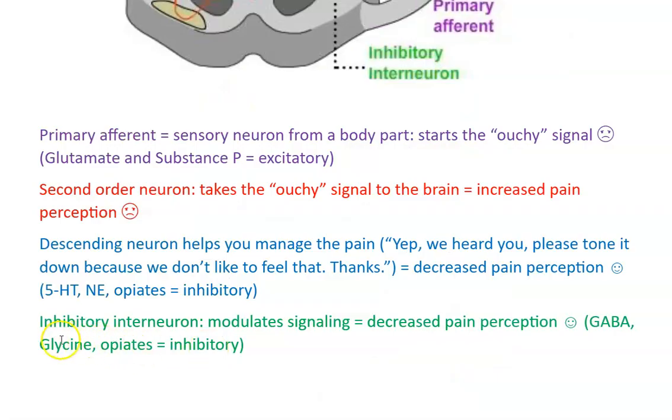And again, down here in words, that inhibitory interneuron is going to modulate the signaling, leading to decreased pain perception. So this modulates that signaling locally, whereas this blue one came from a location in the brain. This inhibitory interneuron is just right there to decrease that pain perception locally.